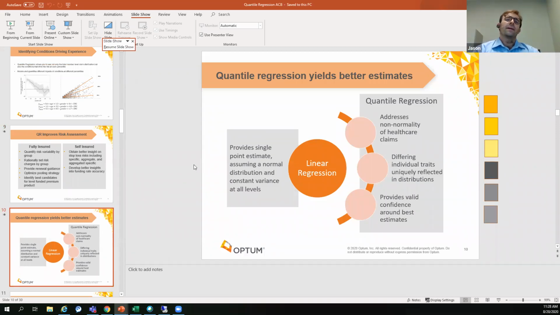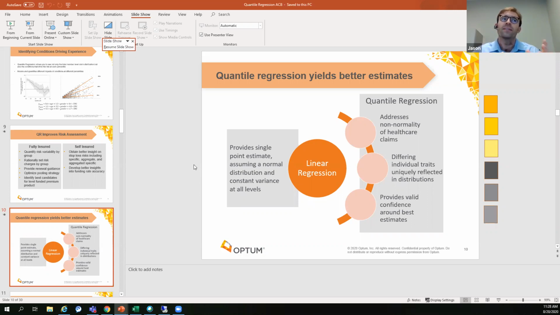So again, linear regression is what we've been using all along. It's great to be able to use risk scores for pricing. It tells us much more than just claims do, because it takes the whole experience of your whole block together along with the claims experience to give you a whole different estimate of risk. But it really is just a single point estimate.